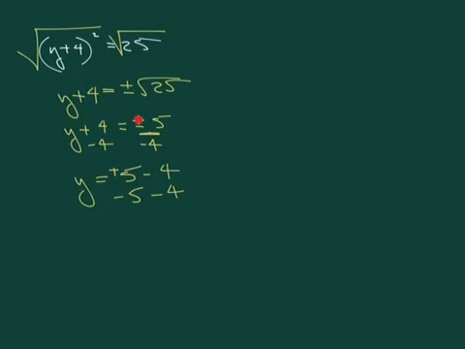That means that we have a plus 5 and a minus 5. So we're going to get two answers. Remember, if you have an exponent of 2 up here, you're going to get two answers. The plus 5 portion, minus 4, and the negative 5 portion. So plus 5 minus 4 is 1. Negative 5 minus 4 is negative 9. So you get two answers there. Okay?